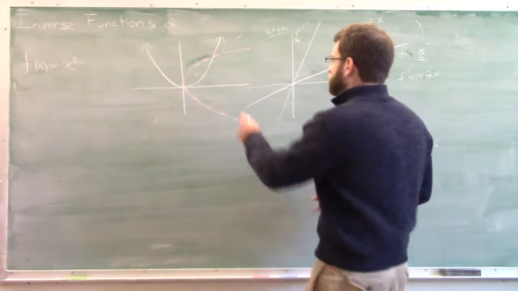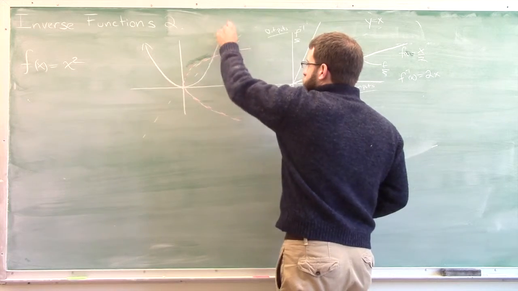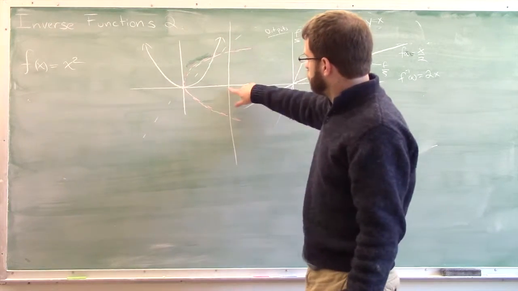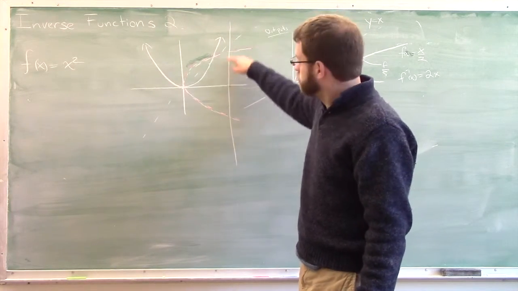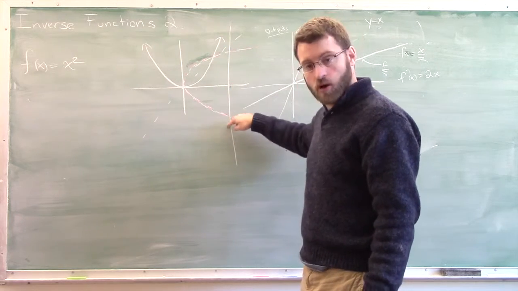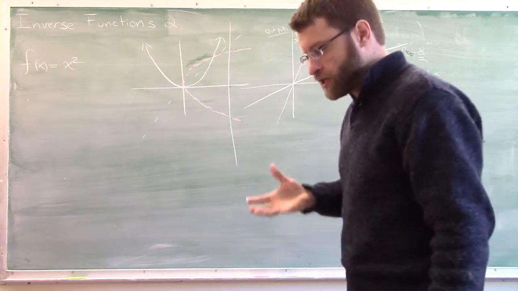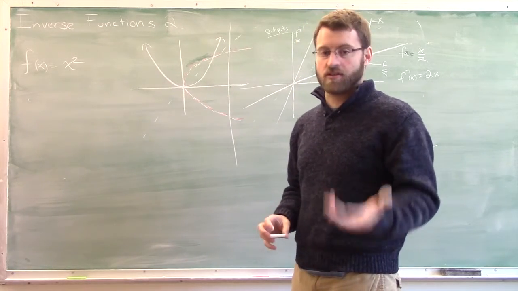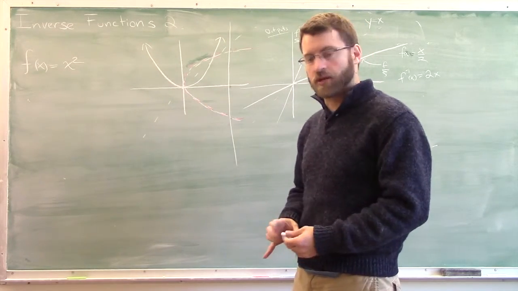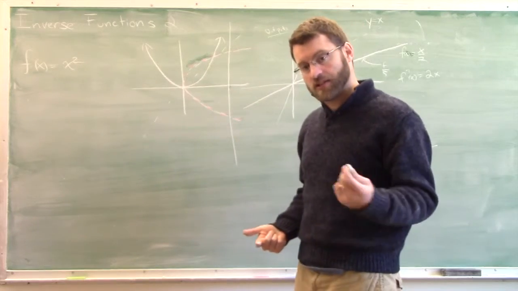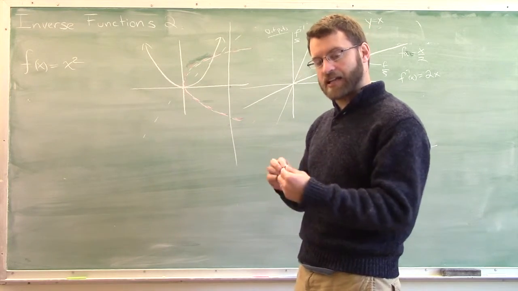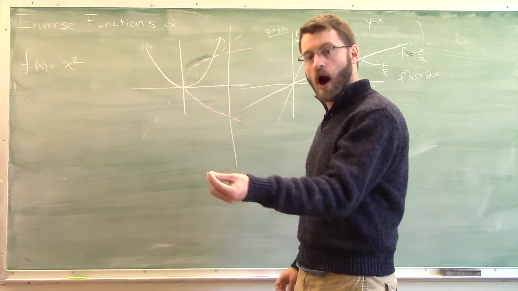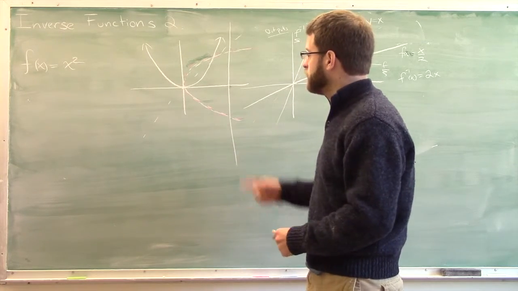If I look at that reflection as a whole, for certain inputs there are two possible outputs, which means that graph as a whole cannot be the graph of a function of x. It doesn't work as a function because it's not dependable. It doesn't take each x and return only a single y for each x.